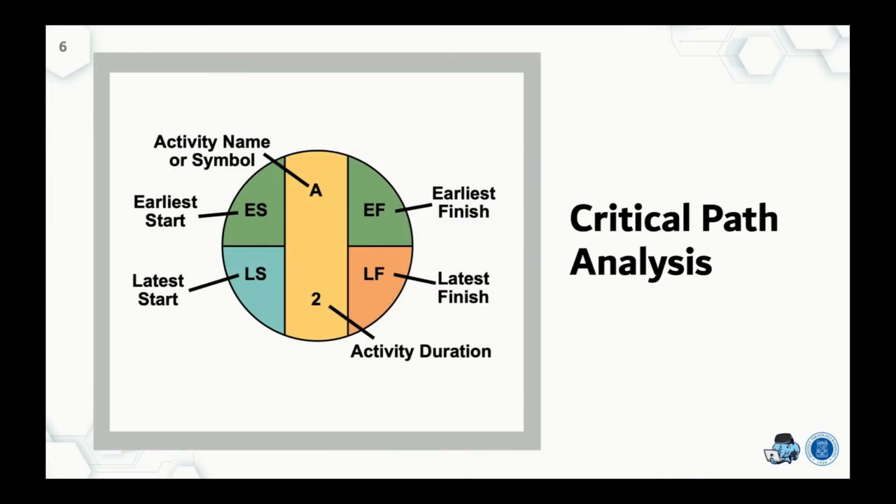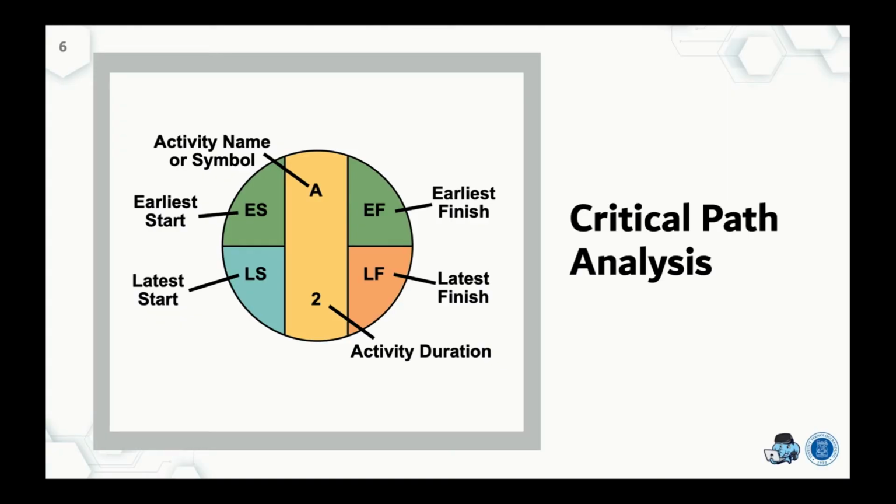How can we do the critical path analysis? Let's first take a look at the terminology and the symbols that we will use in the critical path analysis. We make a big circle and divide it into several regions as represented here.